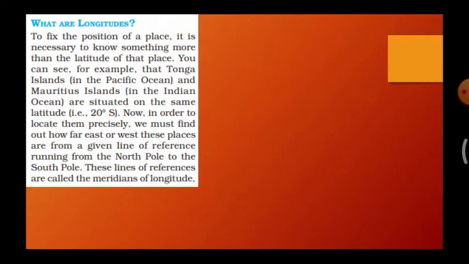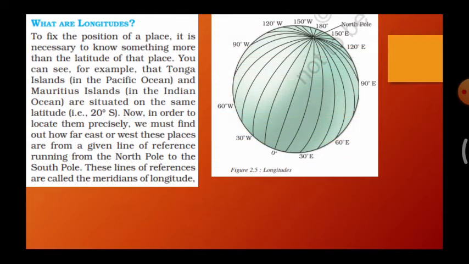To fix the position of a place, it is necessary to know something more than the latitude of the place. You can see, for example, that Tonga Island in the Pacific Ocean and Mauritius Island in the Indian Ocean are situated on the same latitude, which is 20 degrees south.